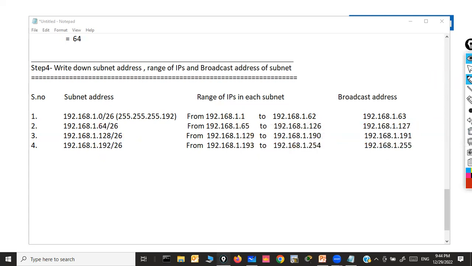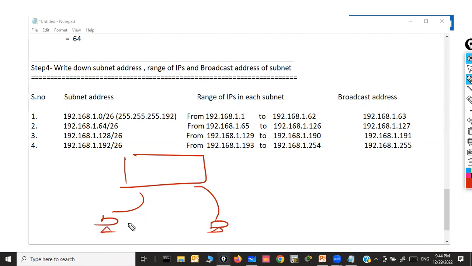And before I explain anything else, let me quickly make this diagram. Let's say there are two computers here connected with a switch.